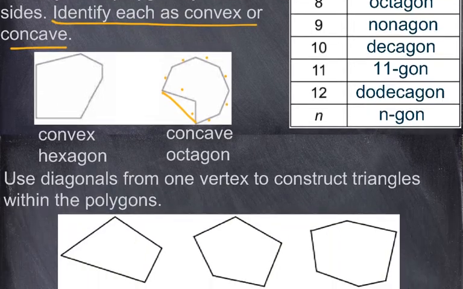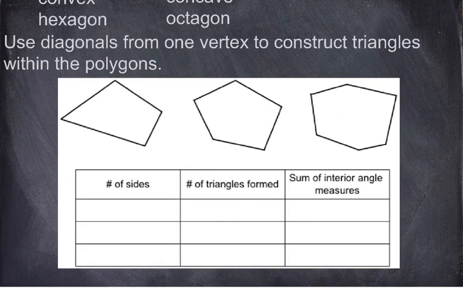Alright. Now we're going to see if we can come up with a formula here. Here it says use diagonals from one vertex to construct triangles within the polygons. So for this first one, all we can do really is cross from one vertex to the other, if we're going to stick from one vertex.